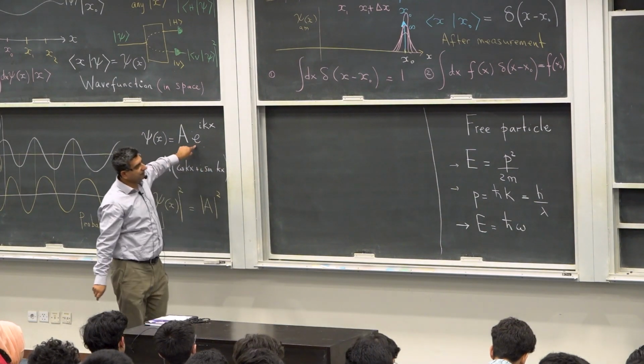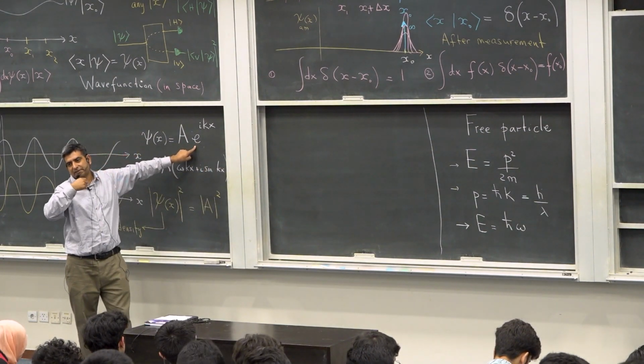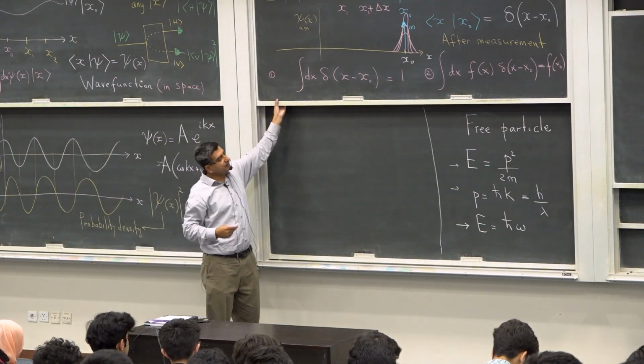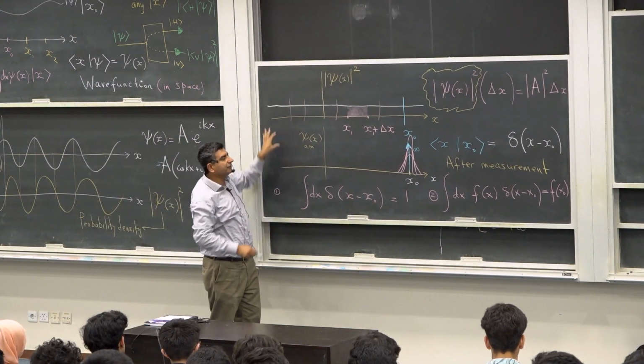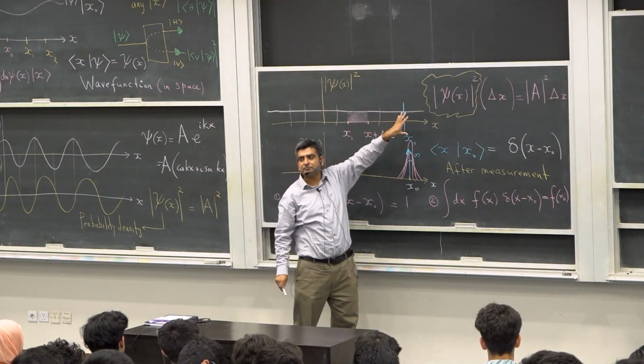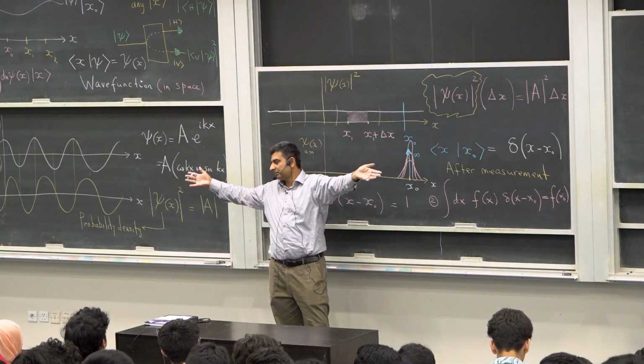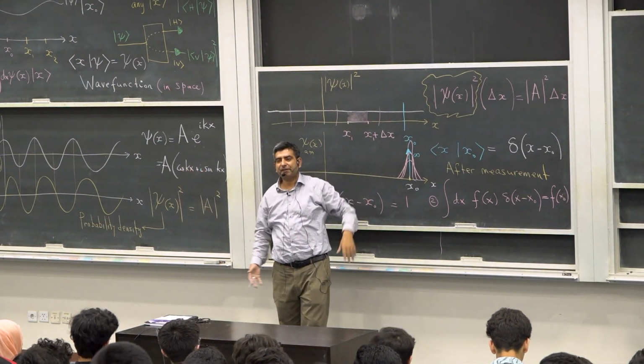So we'll come to these points in a minute, but the wave function that I write over here corresponds to a free particle. It's a hypothetical particle, and the probability density for this particle is uniform. It's the same everywhere in space. You can locate it anywhere in space. But why is it hypothetical?